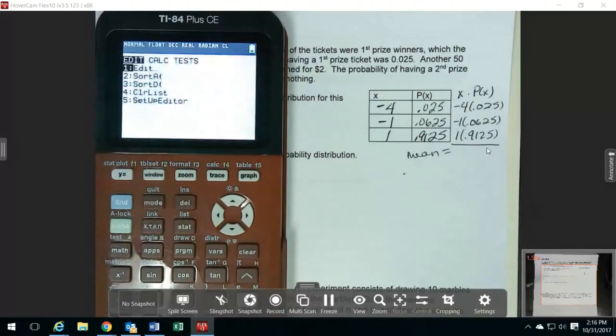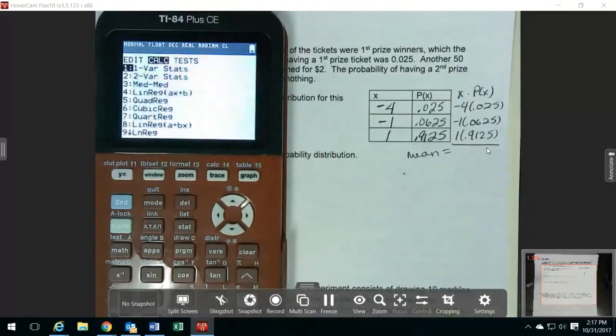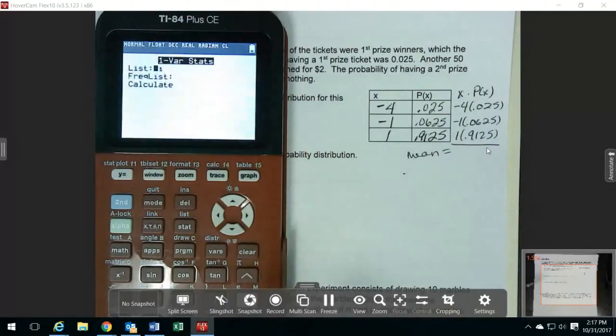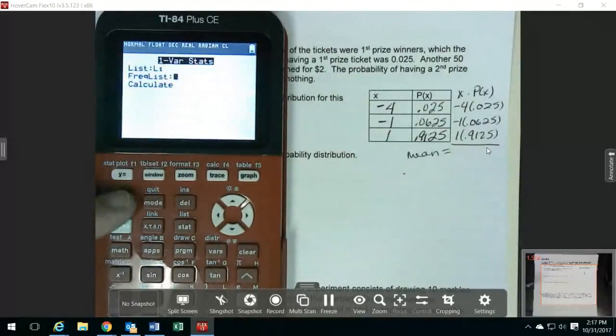And then I'm going to use 1-Var Stats. So it's the stat button and then calc and then 1-Var Stats. And I have to tell it that I have 2 lists. So where it says list L1 and then for frequency list, I want to tell it L2. So I'm doing second and the 2 button.